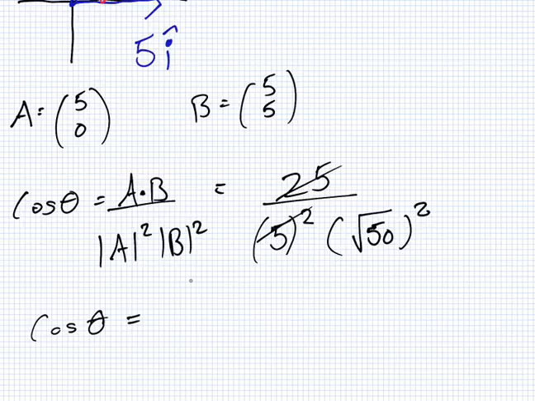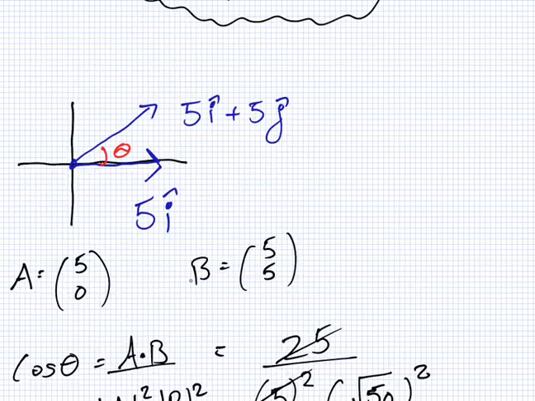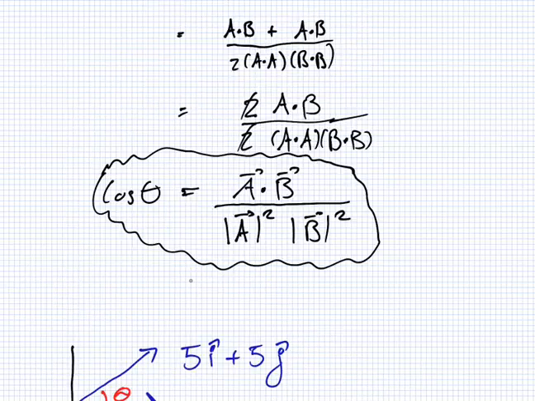Magnitude of B is root 50. Something went wrong here in my formula.